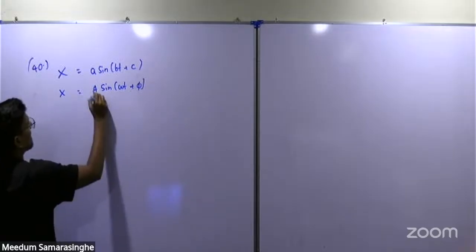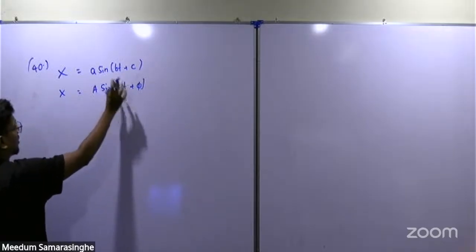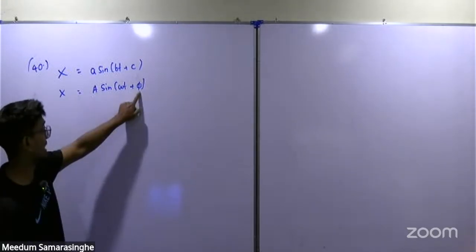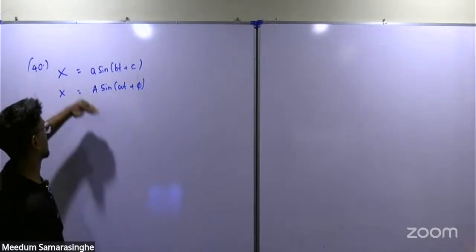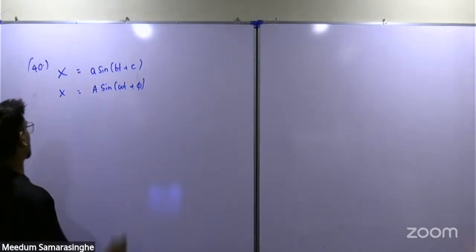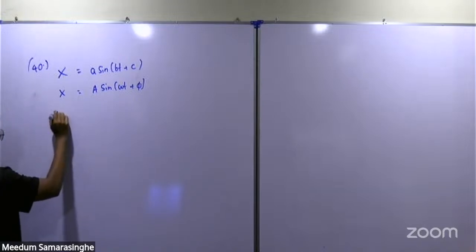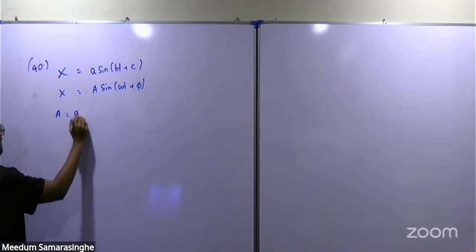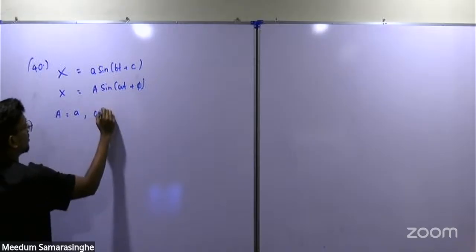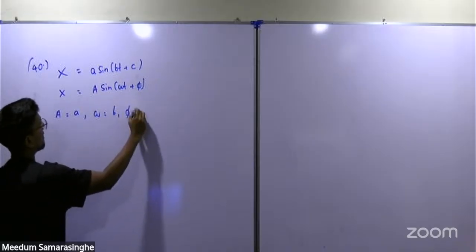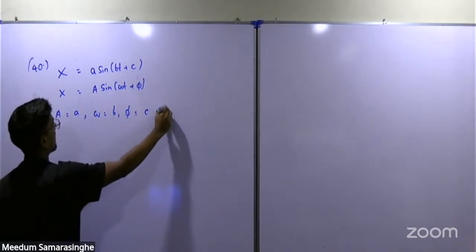Here a is the amplitude, omega is the angular velocity, phi is the initial phase angle, t is time. By comparing these two equations, the amplitude of the particle is a, omega is b, and the initial phase is c radians.